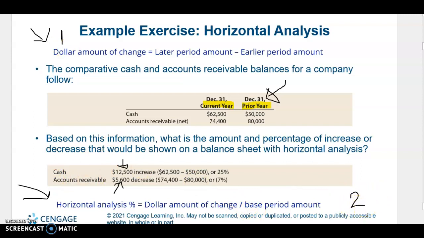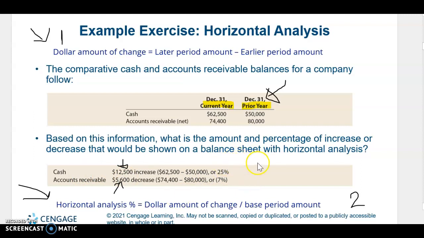And step 3 is to times it by 100. So you could say cash from, let's say, 2020 to 2021, cash increased by 25%. So that would be what a horizontal analysis does.